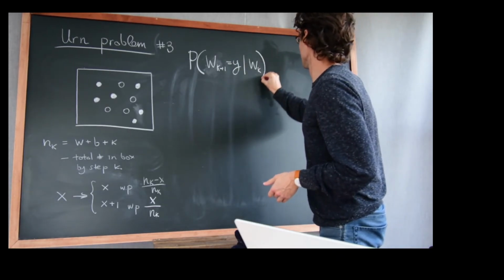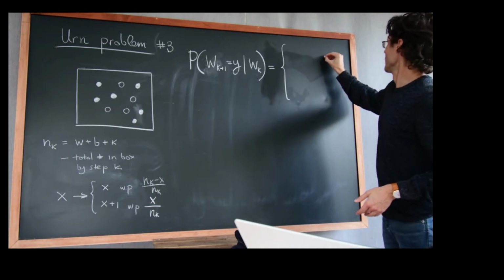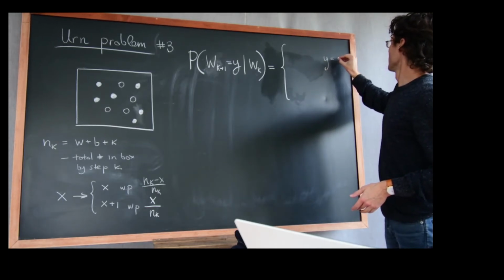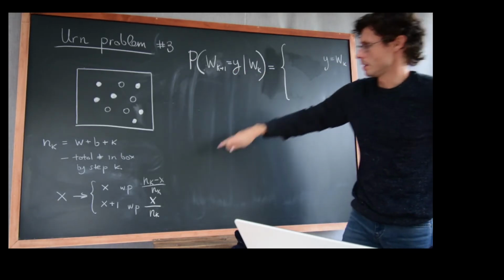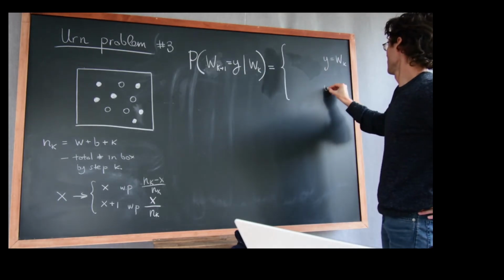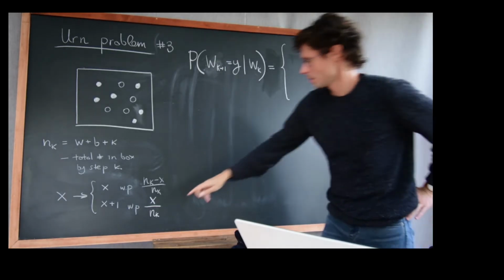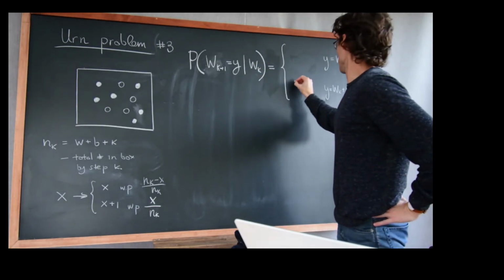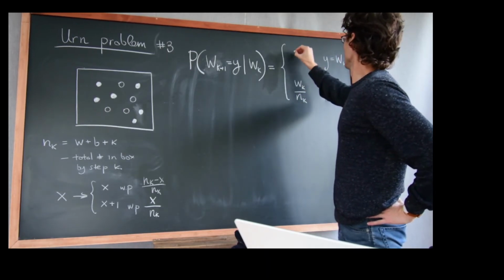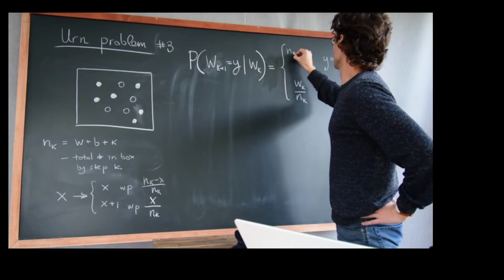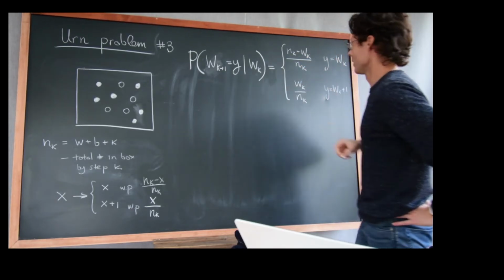And if I close the bracket here, I will have two possible outcomes. One is where Y is W_K, meaning that we stay the same. That's this transition. And we have Y equals W_K plus 1. That's this transition. And this probability is W_K over N_K, and this one is N_K minus W_K divided by N_K.